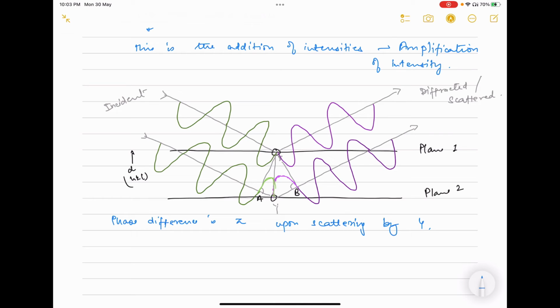Okay. Now the extra path travelled by wave 2 is lambda by 2 plus lambda by 2, which is equal to lambda, that is one complete wavelength.